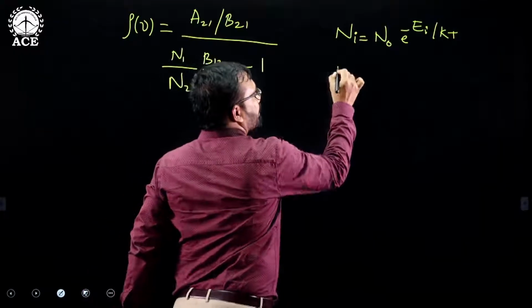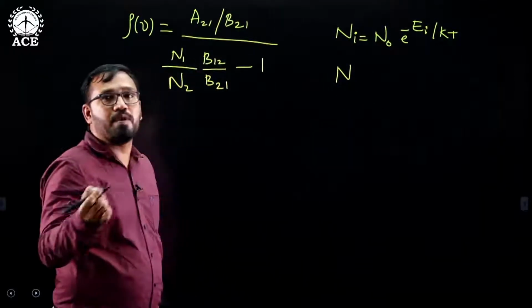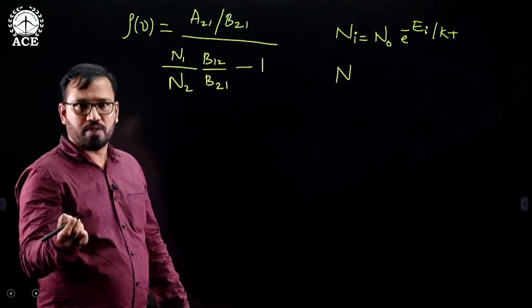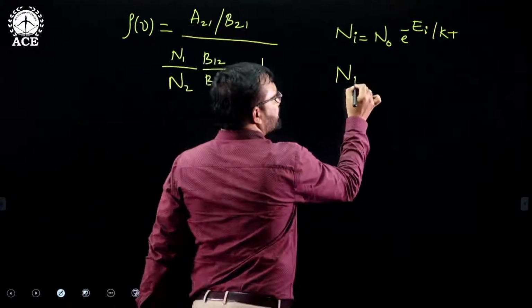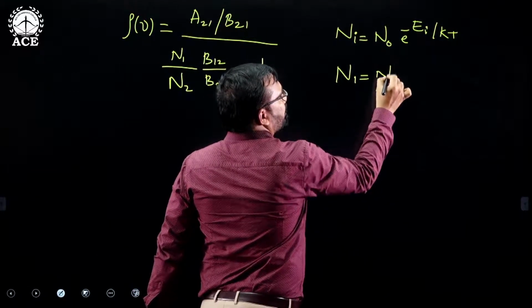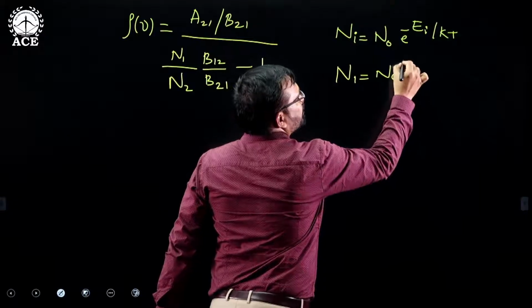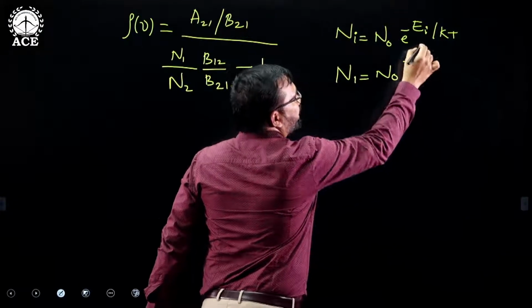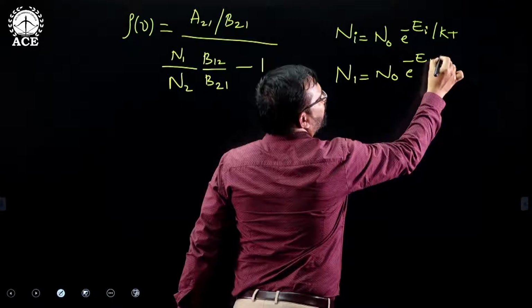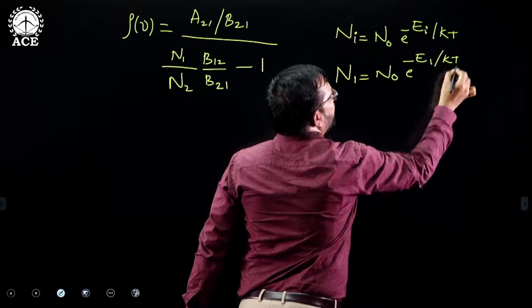Here i has to be replaced with 1. So N1, the number of atoms in the E1 level, is N0 exponential of minus E1 by kT.